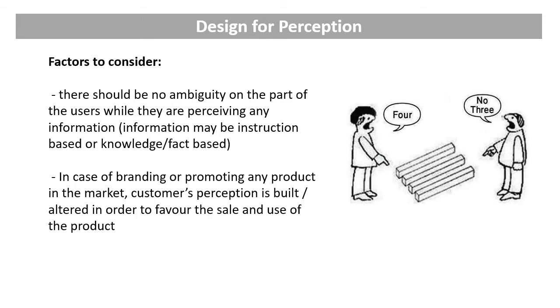And also, in case of branding or promoting any new product in the market, customer perception is built or altered in order to favor the sale or use of a product, right?